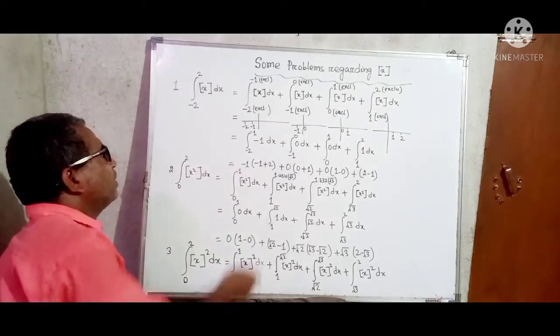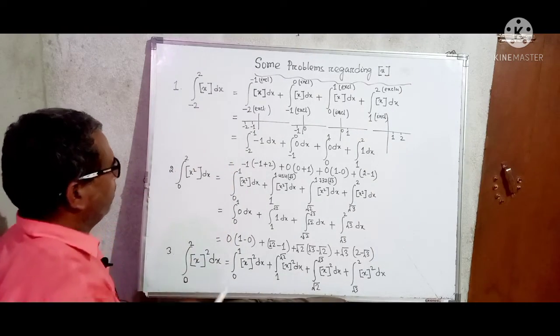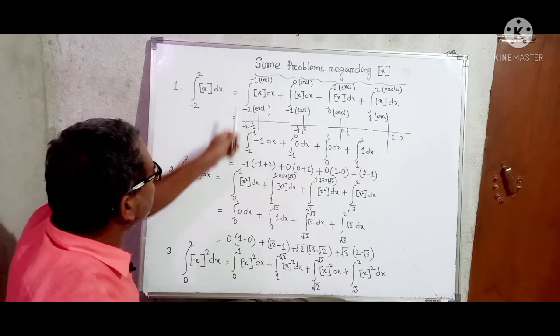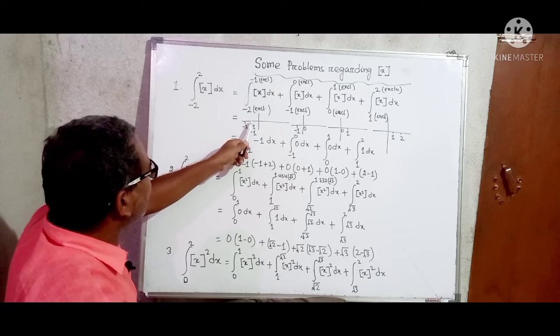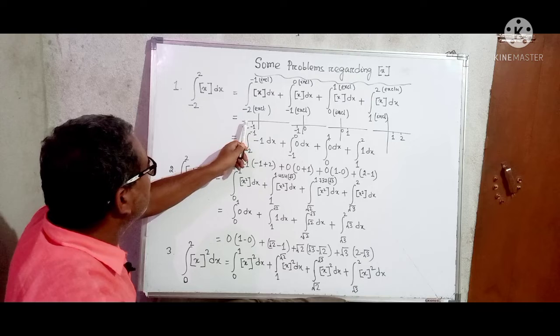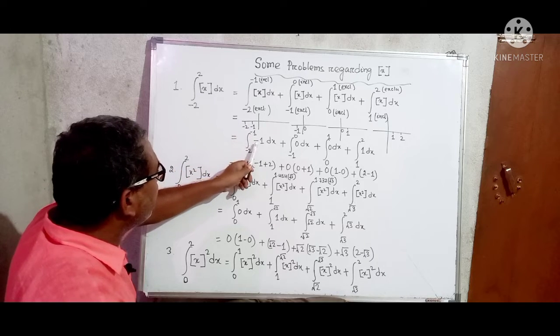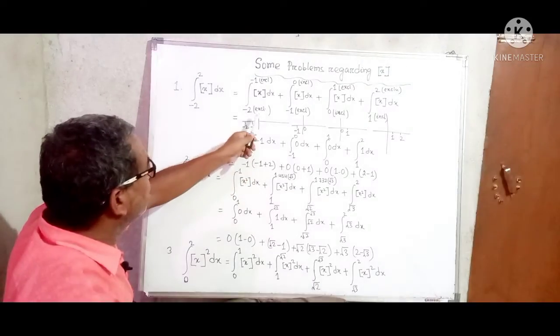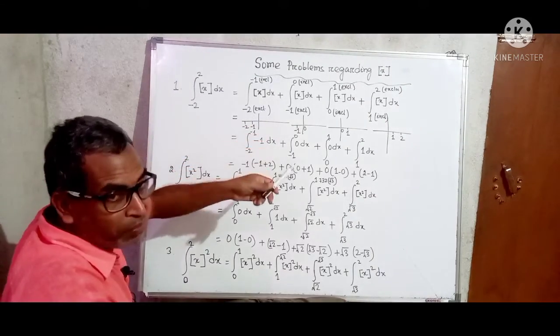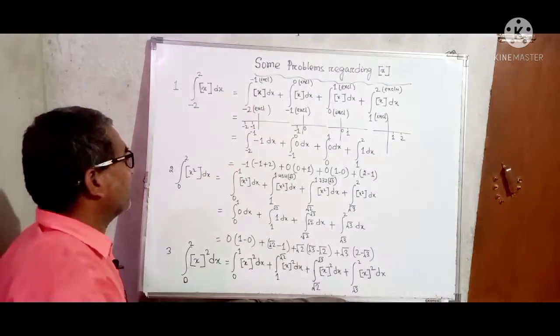You see in graphs, from -2 to -1 the value will be -1. You know how to find the value of the greatest integer function.